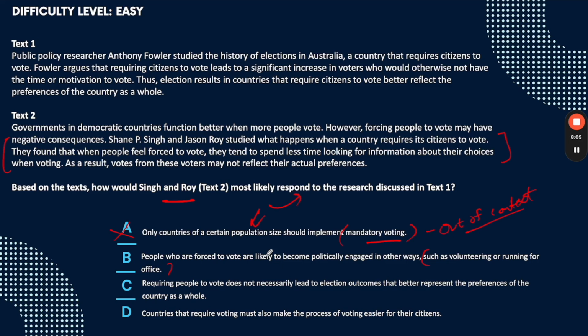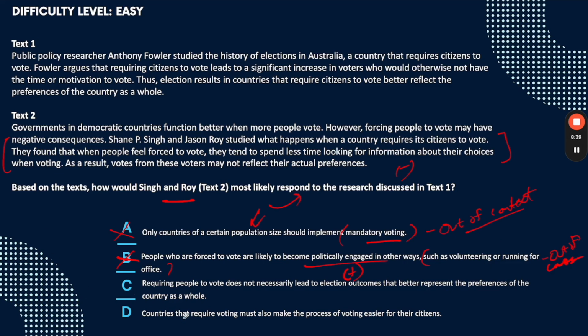They will not be looking for information about their voting choices, and they'll simply vote just for the sake of it, right? So you'll not know the actual preferences because they're simply voting without any information, without knowing who they are voting for, correct? So if anything, it's a little negative. It's not positive towards being politically engaged. Right, so B is definitely out. Also, it's not even discussed in text 2. So I'm going to say this is out of context and somewhat contradictory to what is mentioned in text 2.